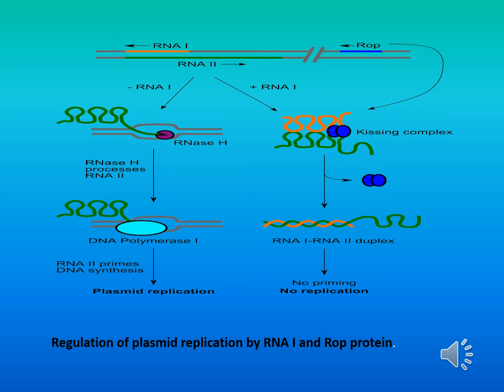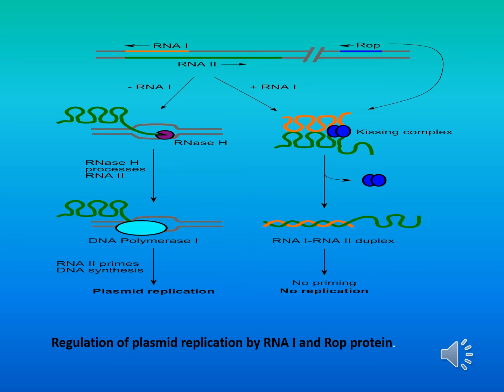RNA2 acts as a primer by binding at the ORI region. After binding of RNA2, the RNase H enzyme trims this RNA to generate a 3' OH group. Then DNA polymerase uses this 3' OH group and starts replication.